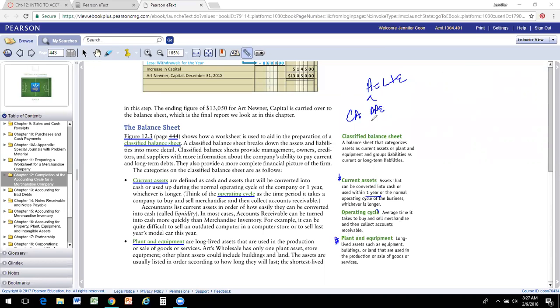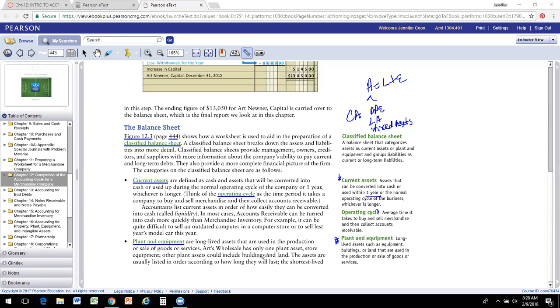It can also be called long-term assets or fixed assets. You will hear me say fixed assets a lot. That's just the term I've reverted to, but it can be any of those names, and they all mean the same thing.